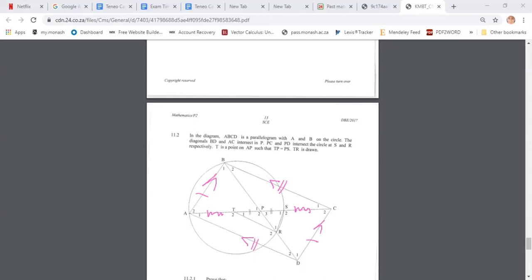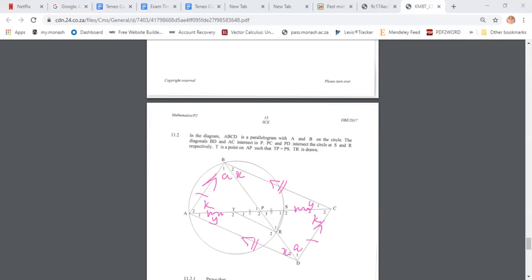And then also remember that you have alternate angles, because of the parallel lines. So x, y, and the same the other way around, because the opposite angles are also equal to each other, and then k. So something like that so far.